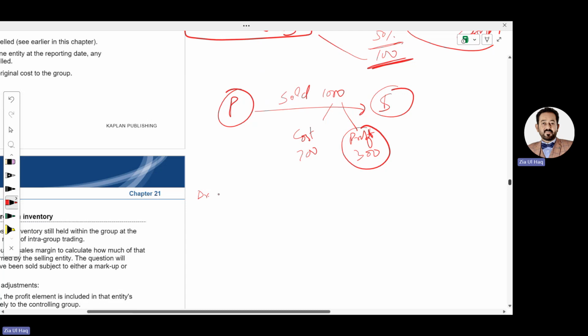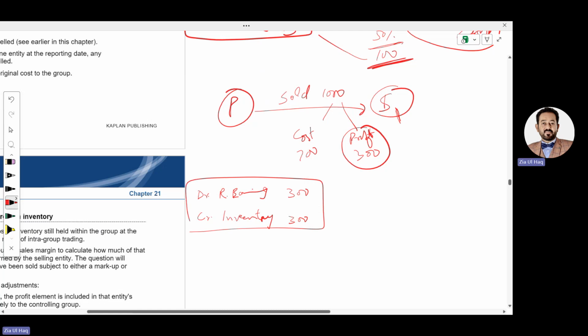How can the profit be eliminated? Debit retained earnings. Retained earnings is an equity having a credit nature, so we eliminate or reduce any equity by debiting it. And this is included in the inventory of the subsidiary, so we need to exclude it from inventory. Inventory is an asset having a debit nature. How can we reduce any asset? By crediting it. So this accounting entry should be passed.